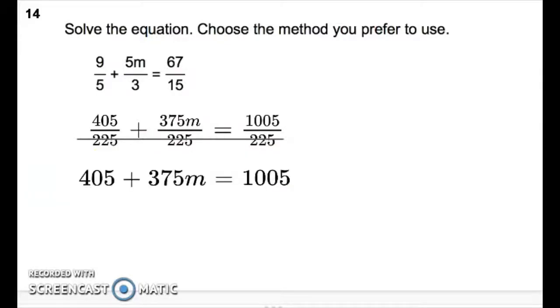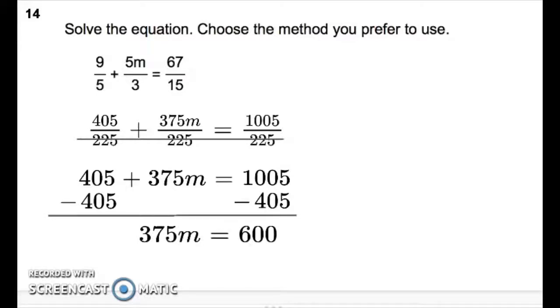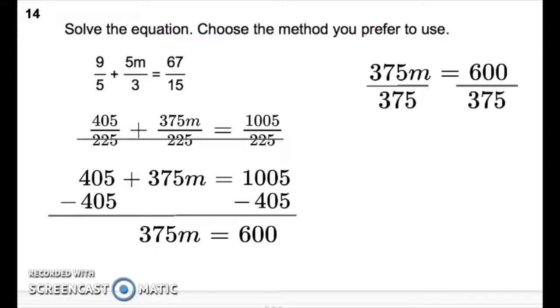And we're left with 405 plus 375m equals 1005. Subtract 405 from both sides. You'll get 375m equals 600. Divide both sides by 375. You'll get m equals 600 over 375.